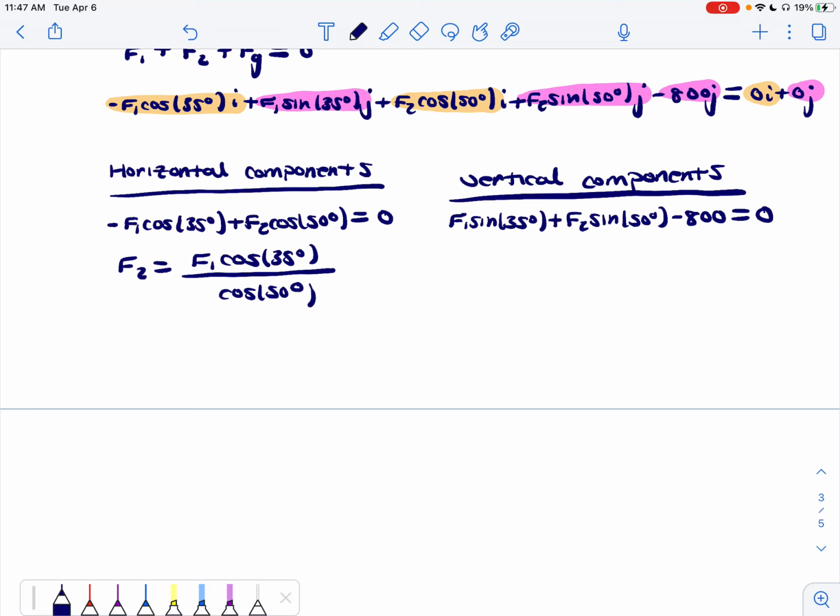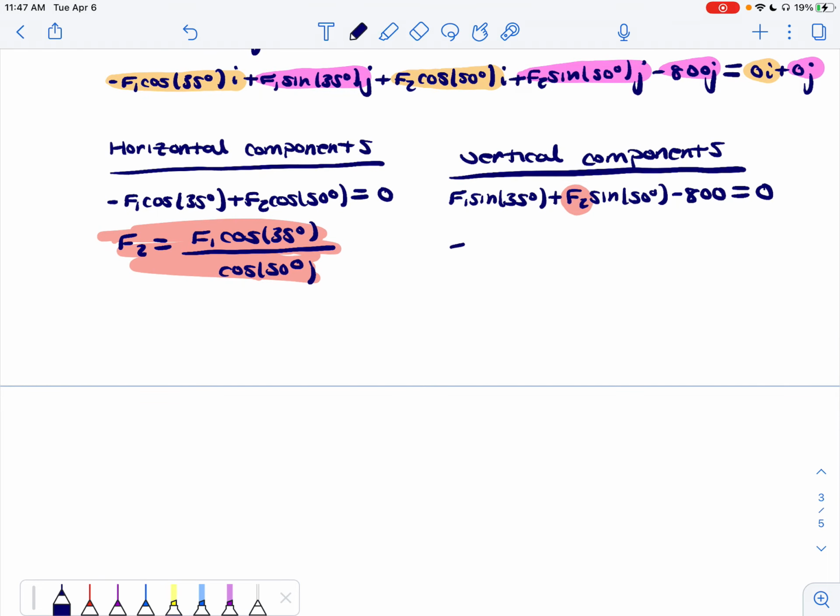Now I'm going to take this and substitute it in for the F2 in my other equation. So we would have F1 sine of 35 degrees plus, now substituting in place of my F2, F1 cosine of 35 degrees divided by the cosine of 50 degrees.